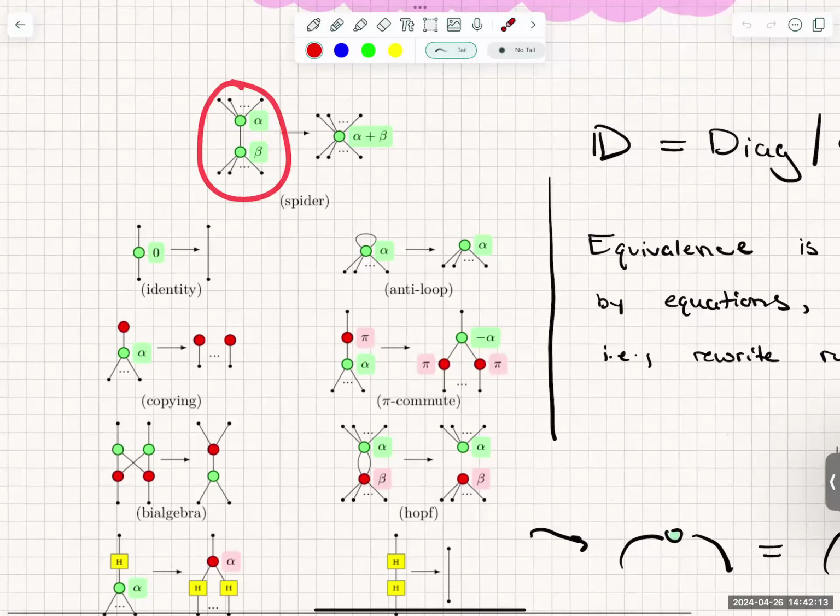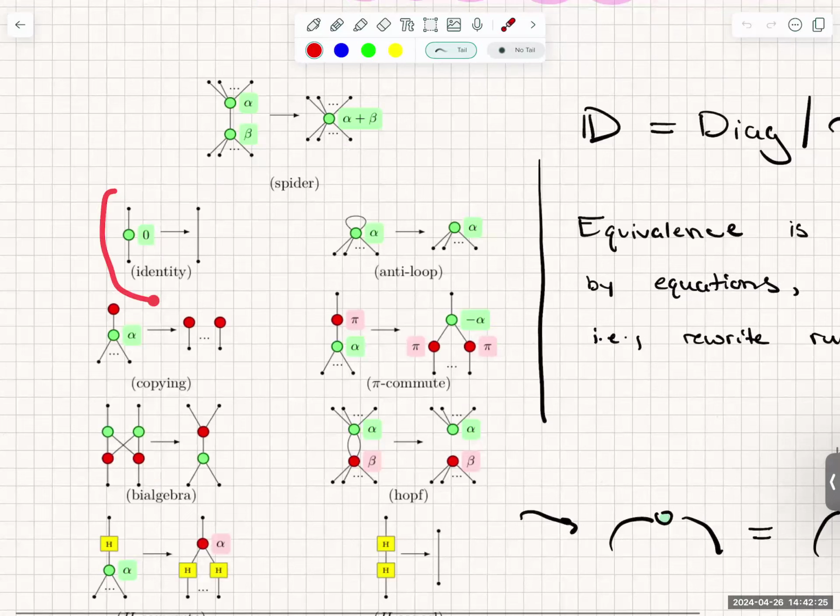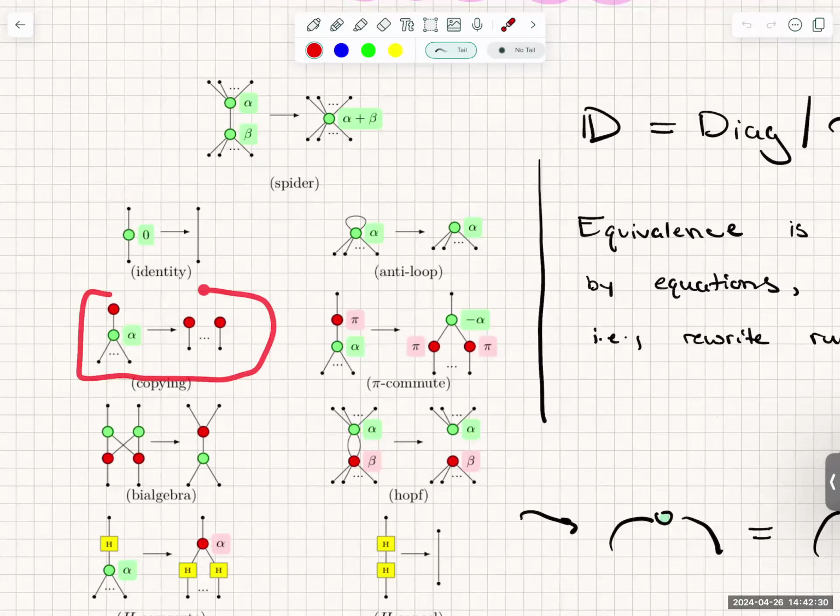More or less, if it's a color and it has M inputs and outputs, you combine them and you add up the phases. So this is something that you impose. The fact that this is the identity, you have these copying relations coming from the interacting Frobenius structures.